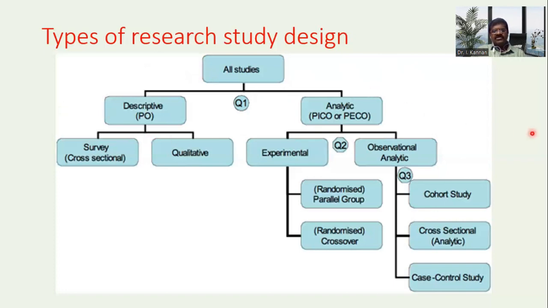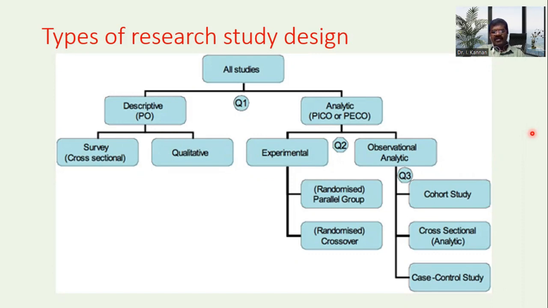So when you start your research study, you identify the variable, then identify what type of data it is going to produce, and then identify your objective. If your objective is only a descriptive study, you are not going to have any hypothesis. So you want to find out in a particular population how many people have type 2 diabetes. It's a very simple descriptive study. It doesn't have any hypothesis, right?